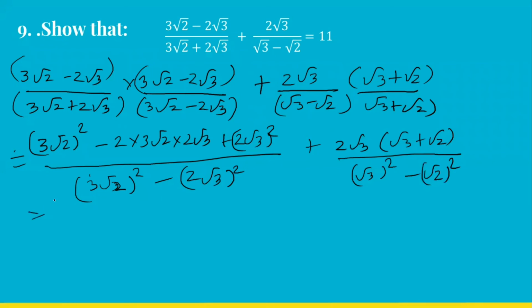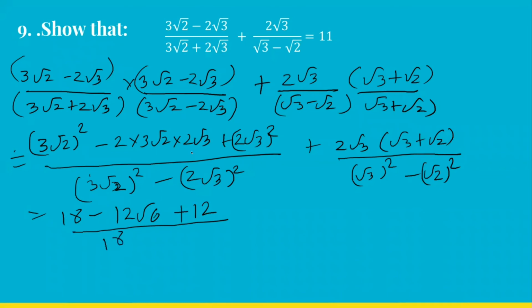So (3 root 2) square, 3 square is 9, root 2 square is 2. 9 2s are 18, minus 2 3s are 6, 6 2s are 12. Root 3 into root 3 is root 6, so 12 root 6. Again 2 square is 4, root 3 square is 3. 4 3s are 12. So plus 12 upon (3 root 2) square, which is going to be 18, as we have done just now.